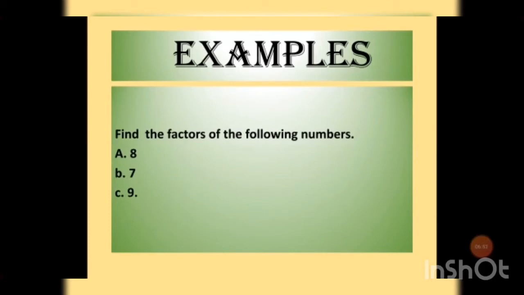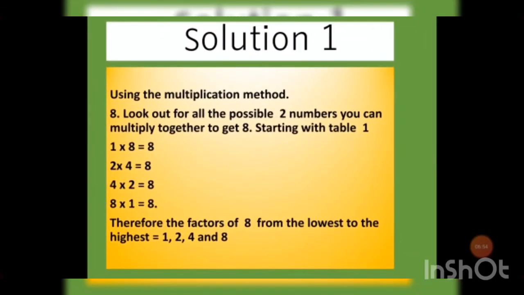Okay, let's start with number 8. We're going to use the multiplication method. Look out for all the possible 2 numbers you can multiply together to get 8. You start with table 1.